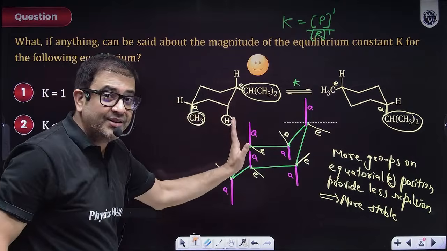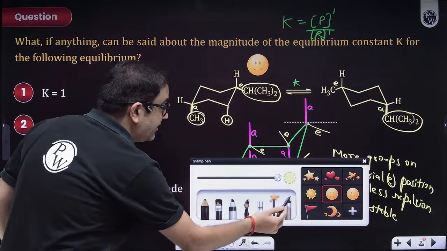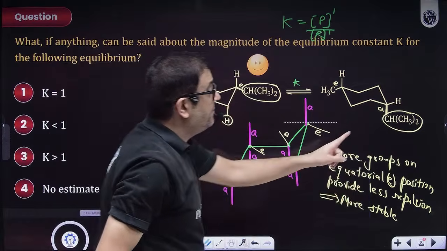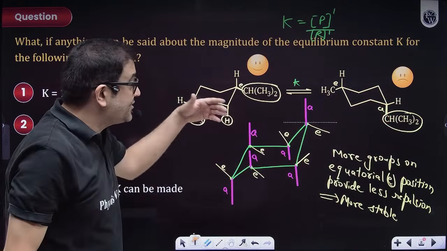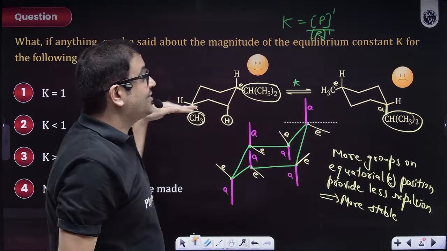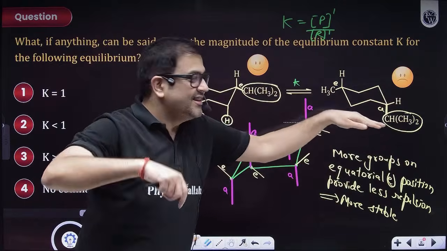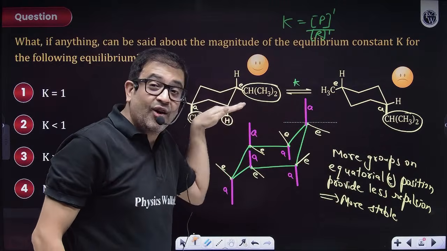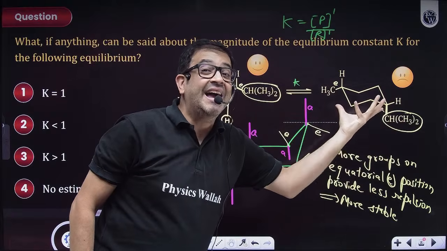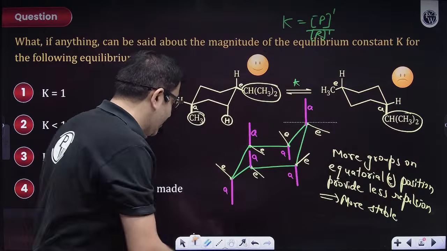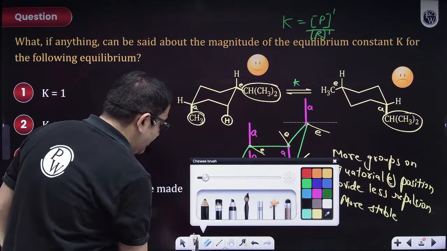It will have some repulsion, but it will be happy with respect to whom? Here the bulky group is coming in the axial position, so this is not happy. So spontaneously, will this reaction proceed in forward direction? No, sir. Spontaneously, this will not try to stay in that conformer because that is having high energy, less stability. So what can you say about your value of K?